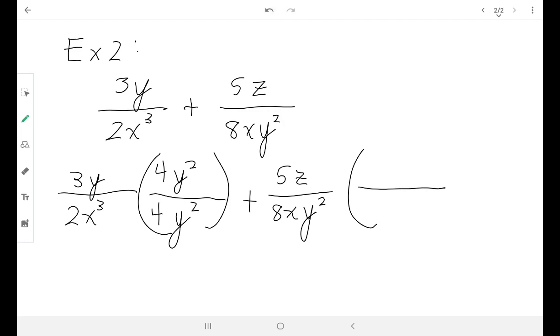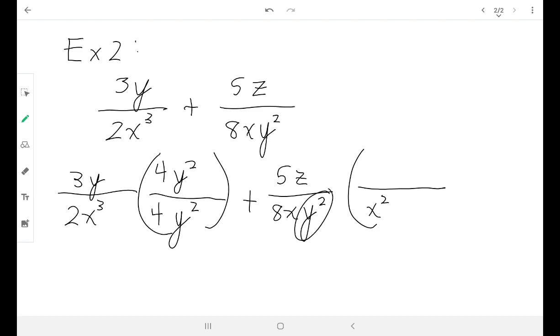So I need to multiply by 2 more x's. That's what I'm missing there. I'm missing 2 x's, and that's generally what you're trying to do, is say, what am I missing, and multiply by that many things.